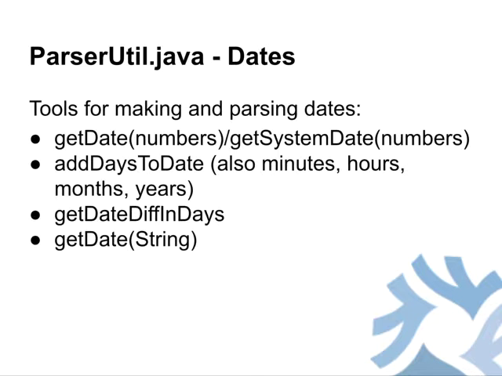You can also get the number of days between dates using getDateDiffInDays. And then we also support date parsing using getDate. Please explore the getDate parsing where you pass in the string. It's very useful and is used in many places, and it will make parsing dates much easier.